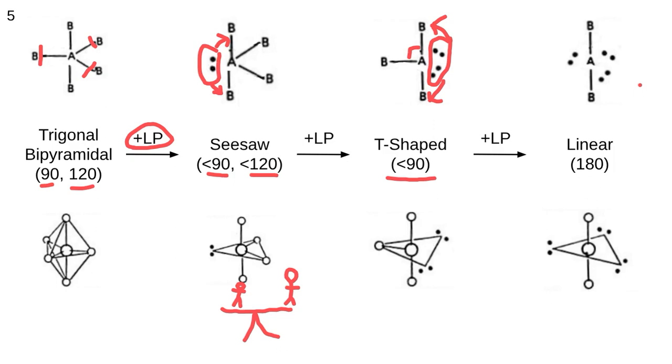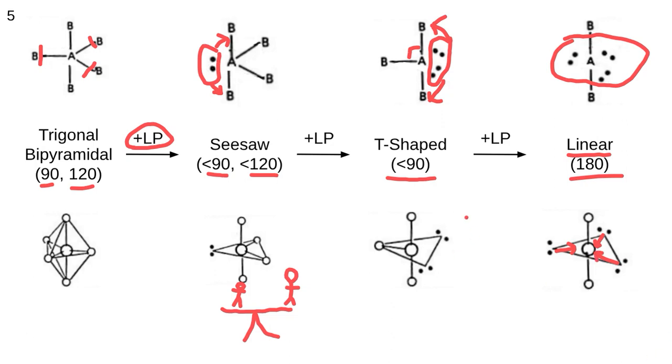And finally, linear, right? Now all of your lone pairs are equatorial, and your axials are the only ones that are left. So you might expect that these lone pairs are going to distort it, that it's not going to be linear, but it is linear. It's going to be 180 degrees, because these are in that trigonal fashion, so these repulsions are all going to cancel each other out.